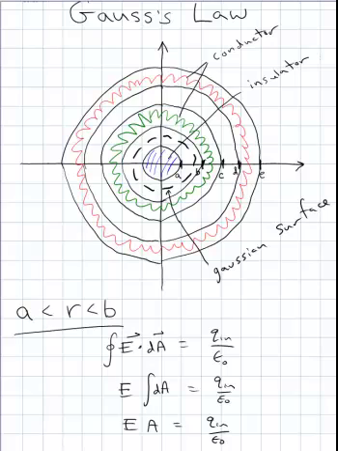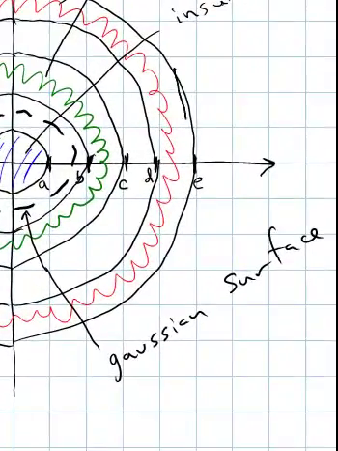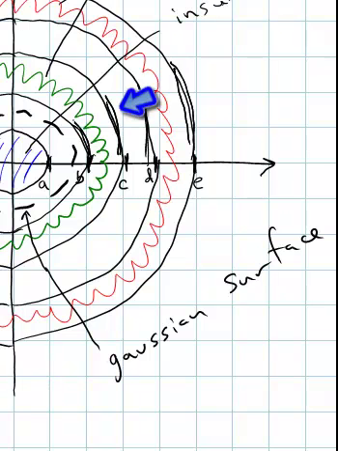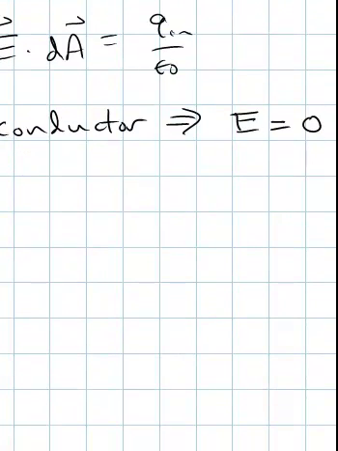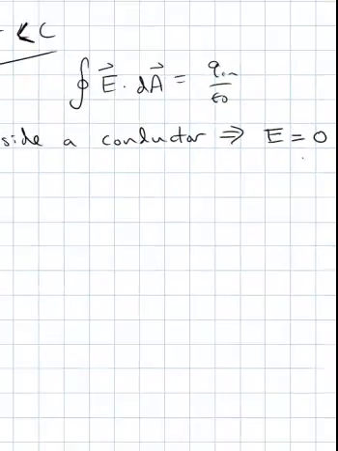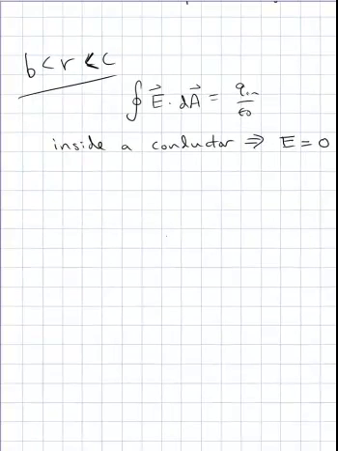We were also asked to find, on each one of these surfaces, on the outer surface of the outer shell and the inner surface of the outer shell, and on the outer surface of the inner shell and the inner surface of the inner shell, on those 4 surfaces, what's the total charge? And so we're going to do this shell right now. We know the electric field is 0. We know Gauss's law is the integral of E dot dA equals Q in over epsilon naught.